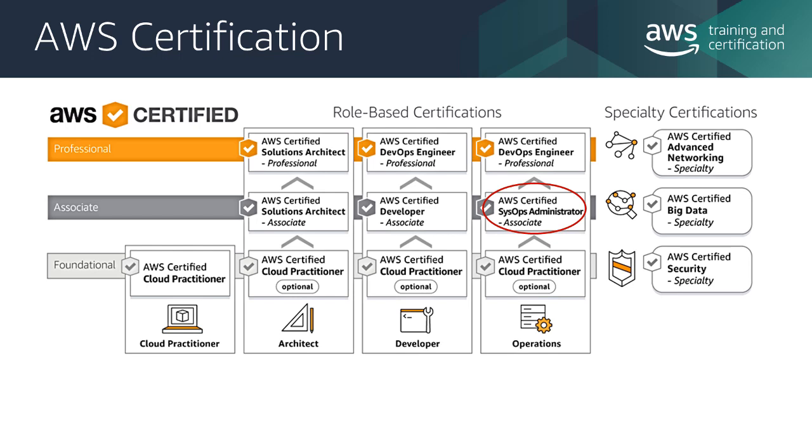SysOps Administrator is at the associate level. If you are successful there, you're welcome to go ahead and prepare and take the DevOps Engineer Professional exam, or try for one of our specialty certification exams, such as Advanced Networking or Security Specialty.